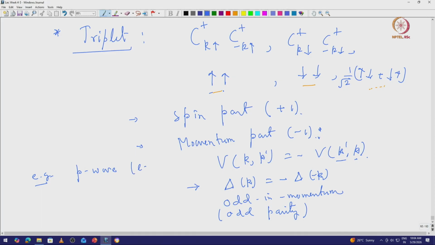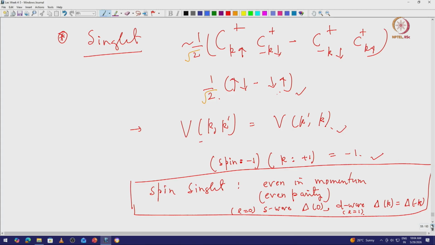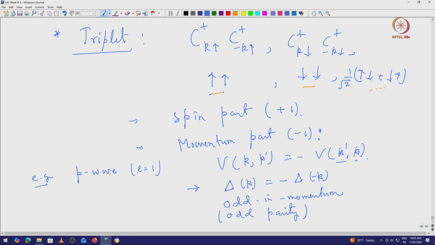So, the angular momentum L equal to 1, and then I must have said this to be wrong. This should be L equal to 2. Okay. You can also have F wave, which are again very difficult to obtain.